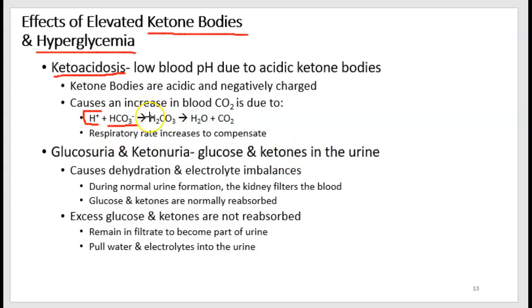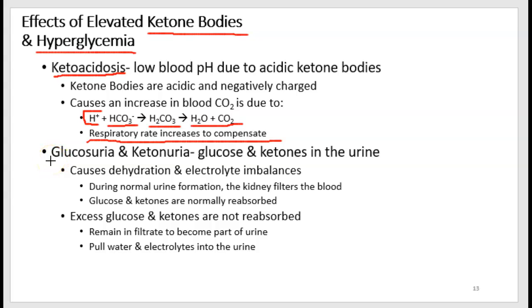They automatically combine to form carbonic acid, which, at least in red blood cells, is converted into water and carbon dioxide. So often when somebody is in ketoacidosis, you'll see their respiratory rate increase to get rid of excess CO2.